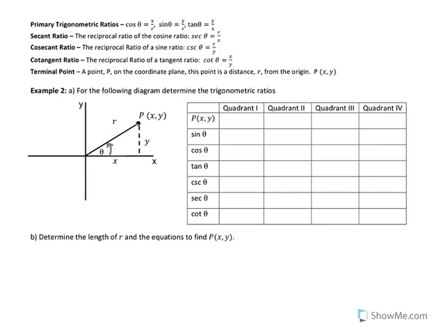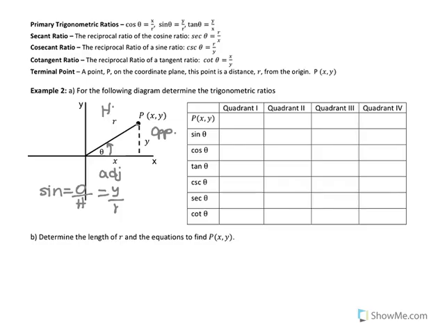So if I was to label this, my r value is my hypotenuse, my y value is my opposite, and my x value is our adjacent. So when I say sine is equal to opposite over hypotenuse, it's going to be our y over our r. So that's why we get sine is equal to y over r. And cos is equal to x over r, and tangent is equal to y over x.